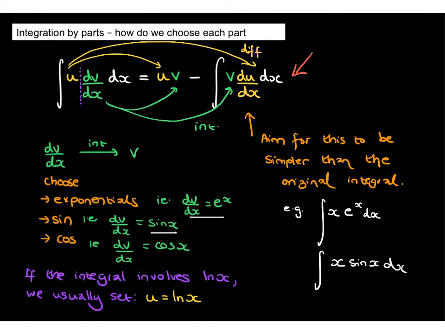As we've said in orange over here, when we use integration by parts, the second integral here with the red arrows pointing to it must be less complex than the original integral that you are trying to perform. Otherwise, there's very little point in carrying out the integration by parts.